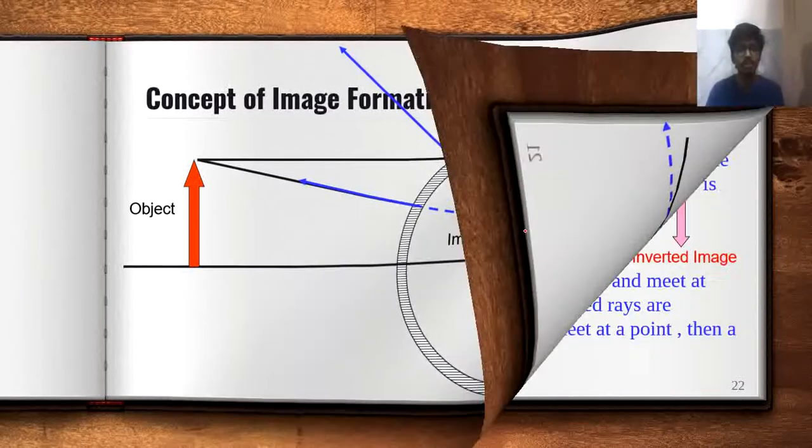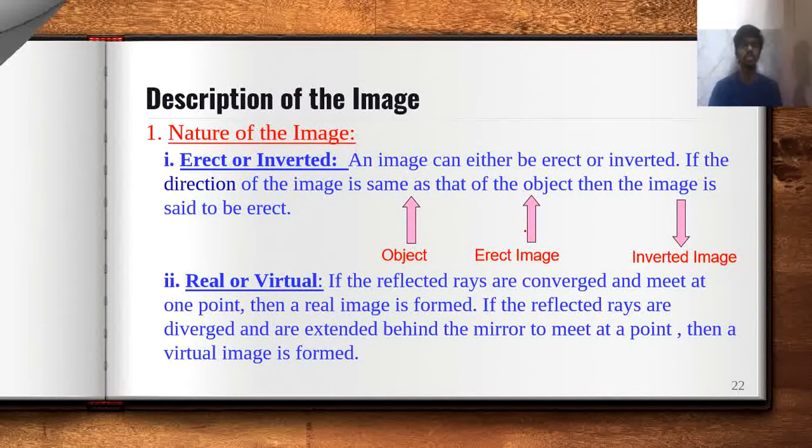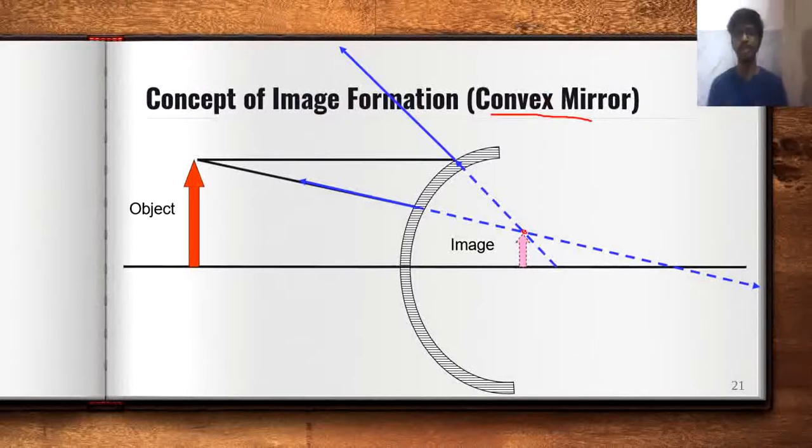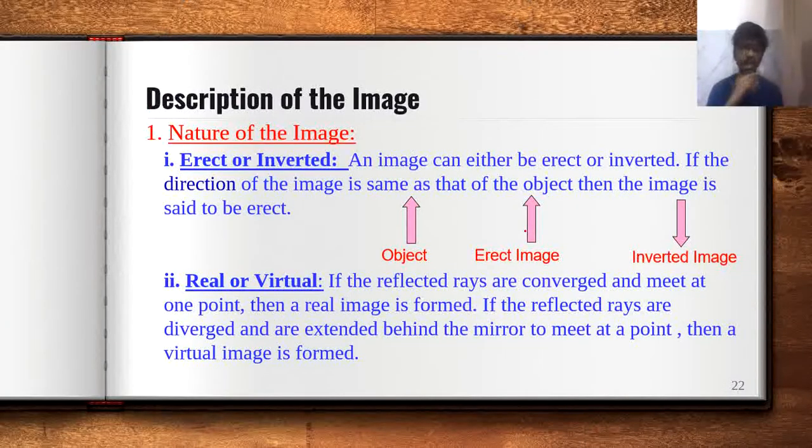Now, the description of the image. When you find the image, what are the properties of the image you have to describe? The first point in the description is the nature of the image. When we talk about the image, the reference is the object. Suppose this is the object.